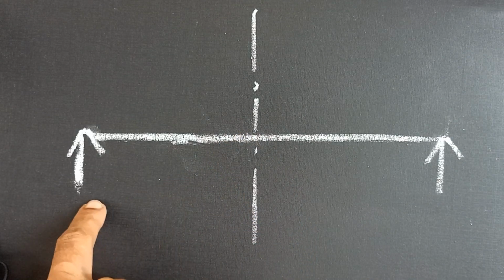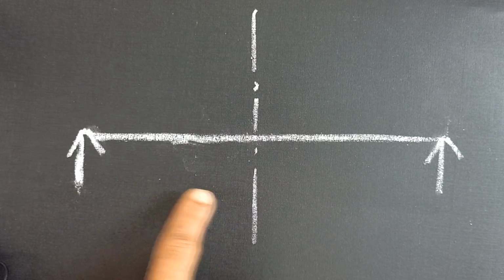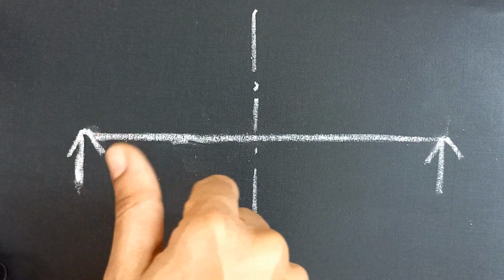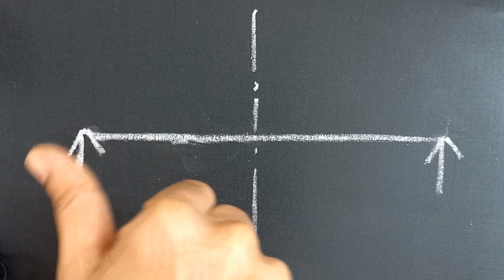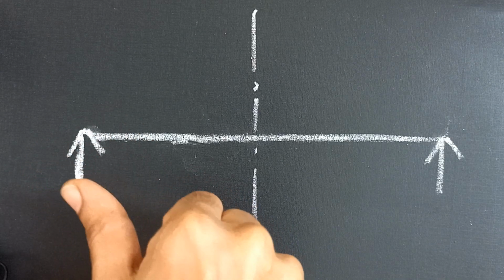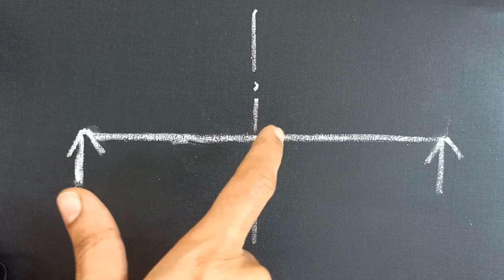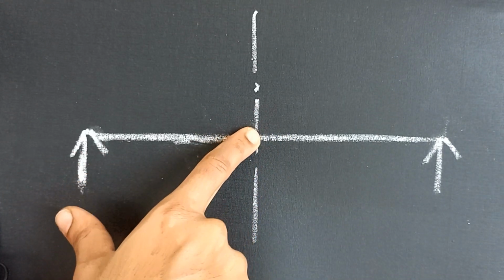Now consider this load. You can see this load is on the left side of the section. So we have to select the finger on the left side as the moving one. Load is on the left side, so finger on the left side as the moving one and the other one as the fixed one on the section. So keep it like this.